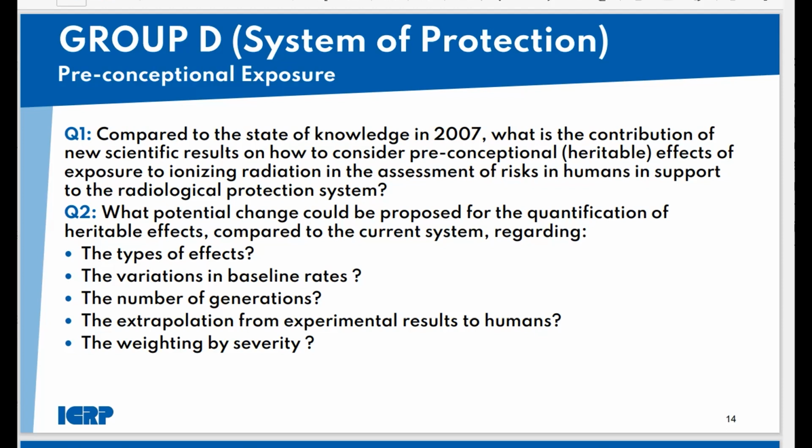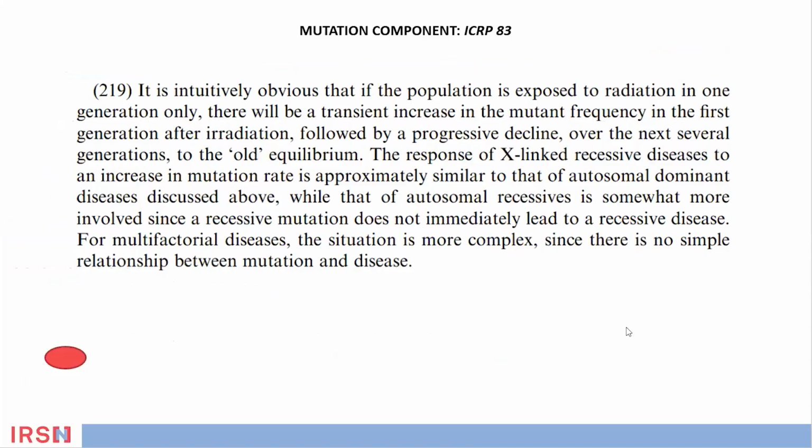Obviously, if the population is exposed to radiation in one generation only, there will be a transient increase in the mutant frequency in the first generation after irradiation, followed by a progressive decline over the next several generations. The response of X-linked recessive disease to an increase in mutation rate is approximately similar to that of autosomal dominant disease, while the autosomal recessive is somewhat more involved, since a recessive mutation doesn't immediately lead to a recessive disease.